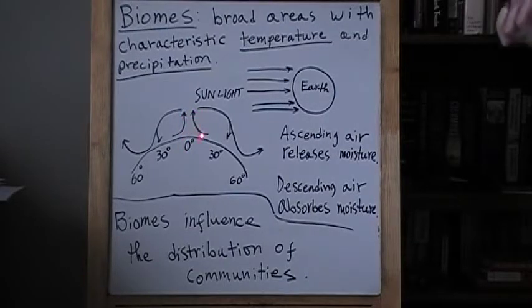And then as the air cools, it moves outwards from the equator, and then when it reaches about 30 degrees north or south, the air mass begins to fall. And descending air absorbs moisture, because as it descends it heats up, and as it heats up it has more capacity to hold water.